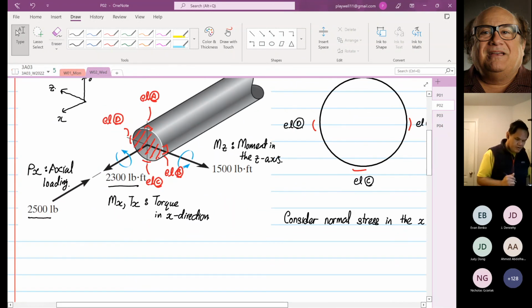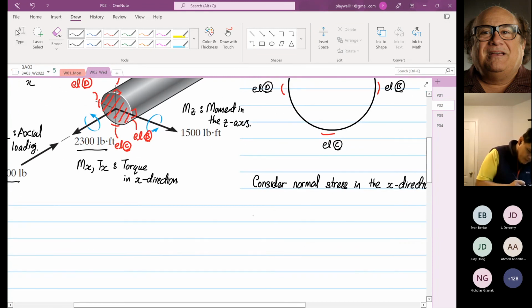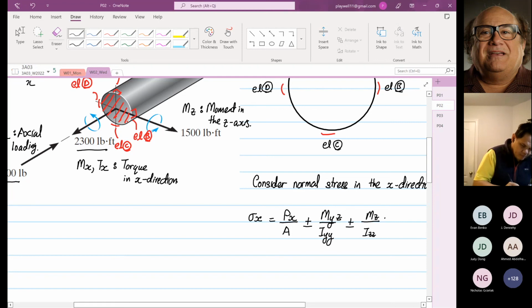You have an axial loading that is going to cause normal stress. So the formula we are going to apply is stress x equals Px divided by A, plus or minus My over Iyy multiplied by z, plus or minus Mz over Izz multiplied by y.